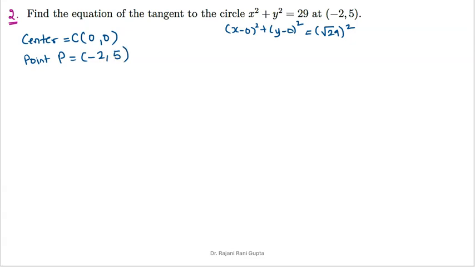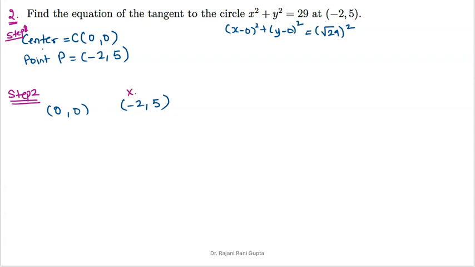So step 1, or I'll say step 2. Step 1 is to find the center. What do you have? You have the points (0, 0) and (-2, 5).